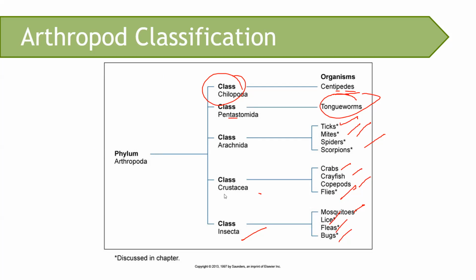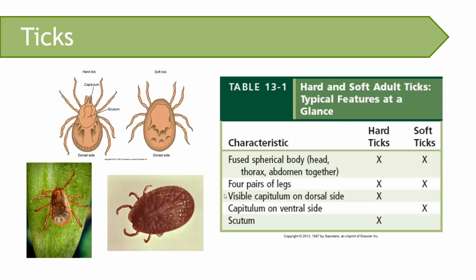Okay. So let's discuss first what a tick is. A tick is an arthropod capable of transmitting parasites. We have what we call the hard tick. This one is a hard tick, and this one is a soft tick. If we are going to differentiate hard tick from soft tick, there are five criteria. Number one, the fused spherical body: the head, the thorax, the abdomen.